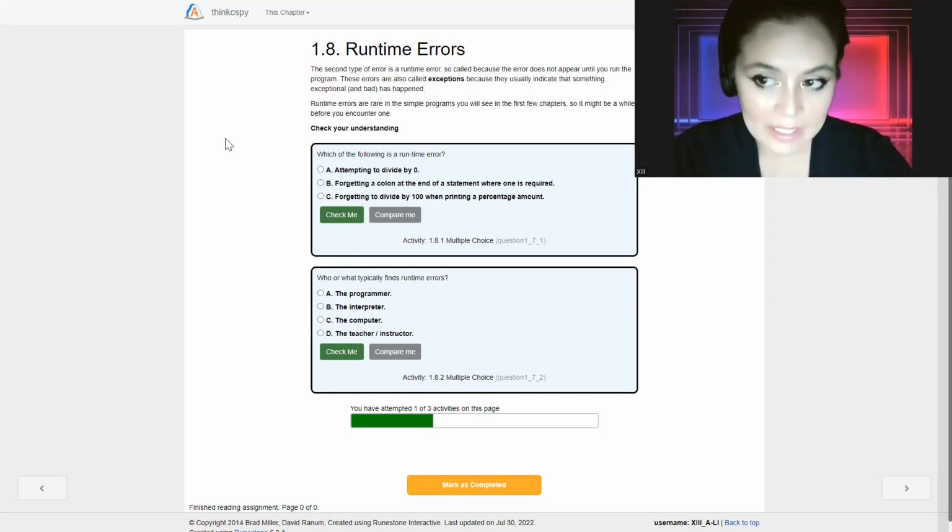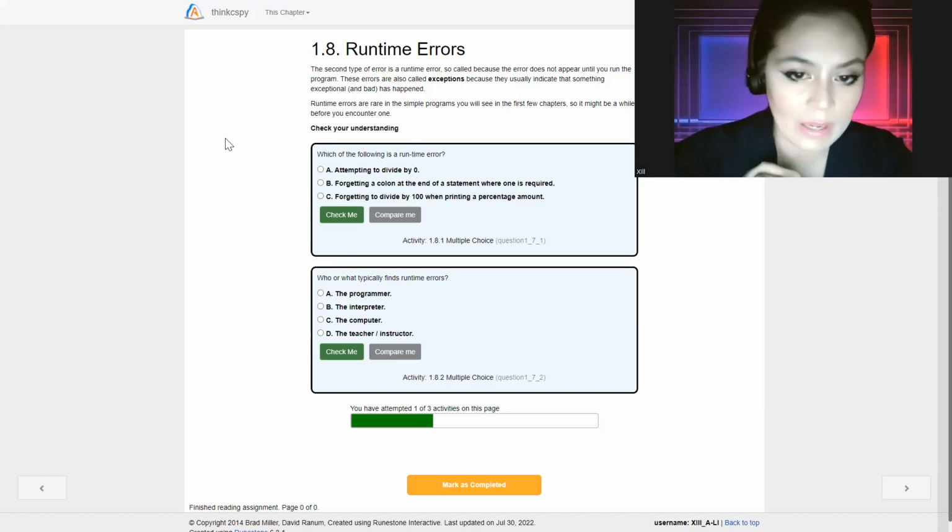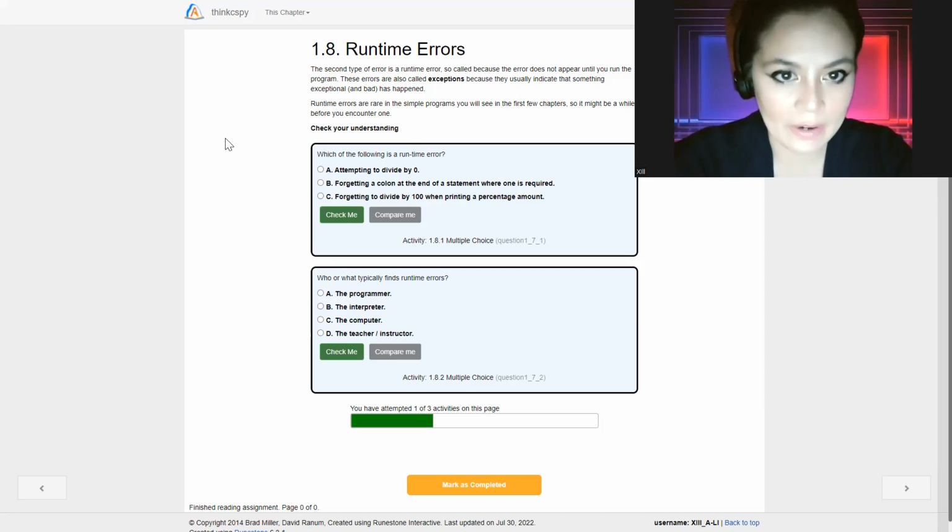Which of the following is a runtime error? A, attempting to divide by 0. B, forgetting a colon at the end of a statement where one is required. Or C, forgetting to divide by 100 when printing a percentage amount.